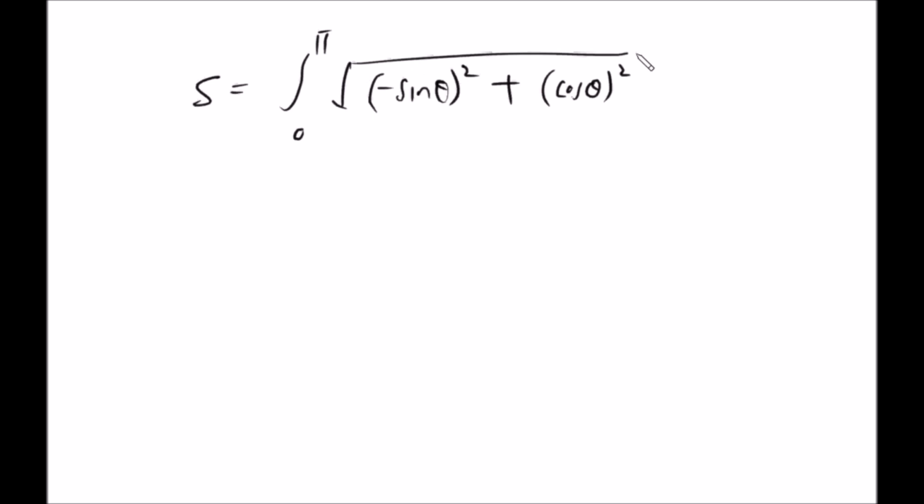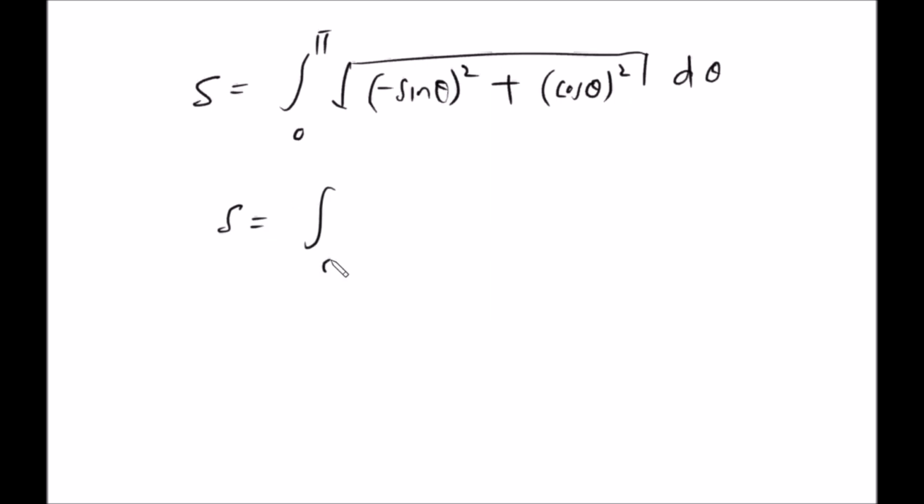Kwa hiyo sasa my length of an arc s itakuwa ni integrate from 0 to pi, so the square root of negative sin theta, yani dx d theta squared jumlisha cos theta squared, so integrate this with respect to theta.